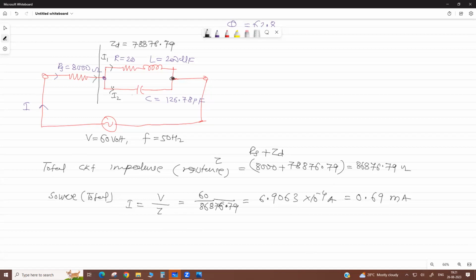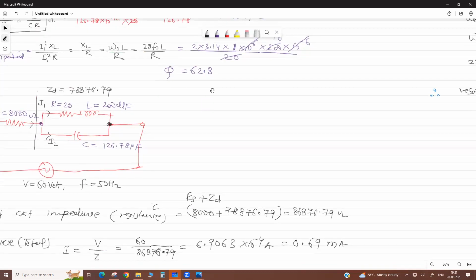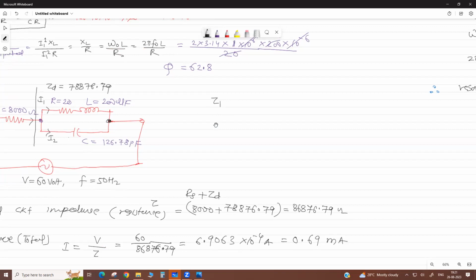Now this I is divided into I1, I2. Now please calculate Z1, Z2 in that condition. What is your Z1? What is your Z2? First you calculate XL. XL is omega L, under resonance frequency, so it is 2 pi f naught L. So 2 into 3.14 into the frequency, 1 megahertz, 10 raised to power 6, into L is 200 micro, 10 raised to power minus 6.